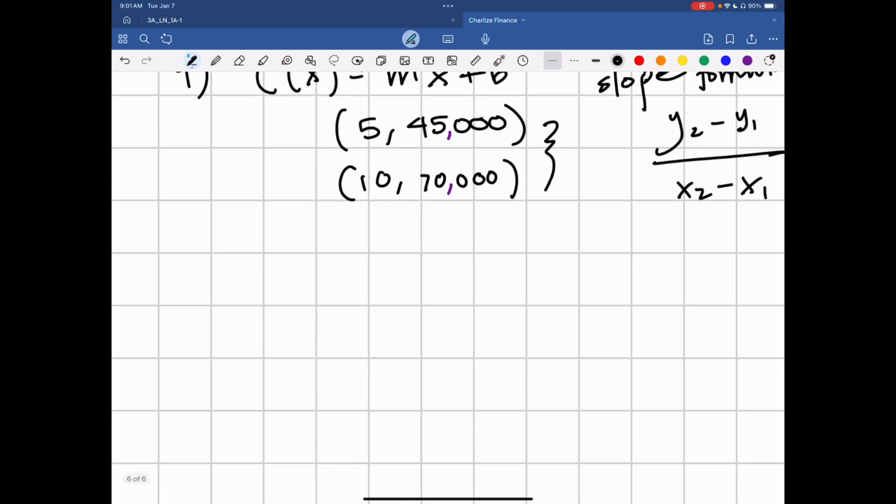So to avoid that, you could just define X as the number of flyboards and Y as the cost in thousands.